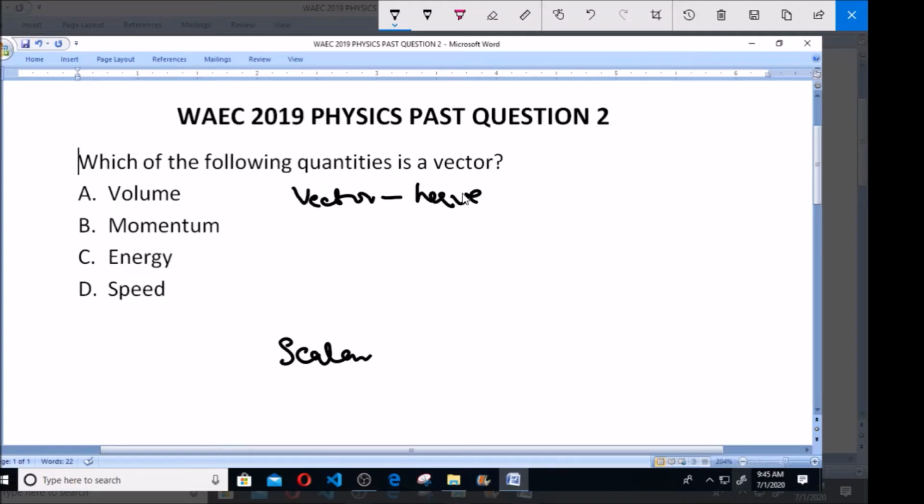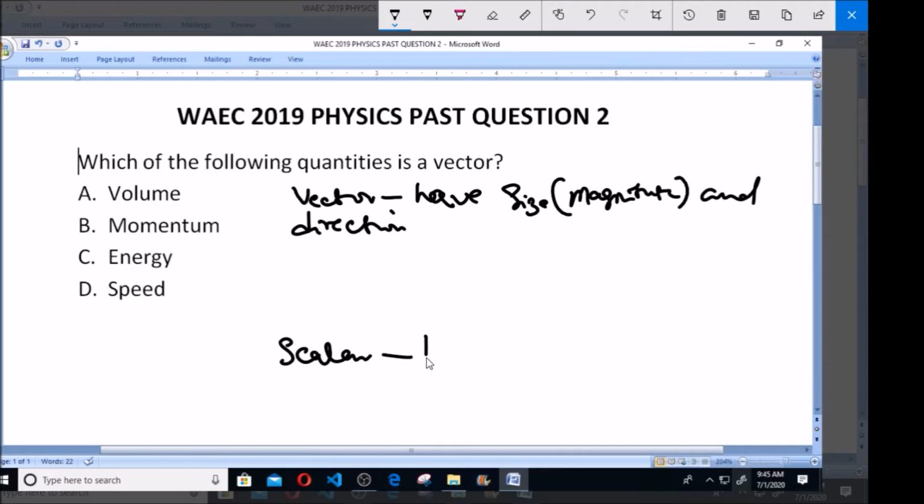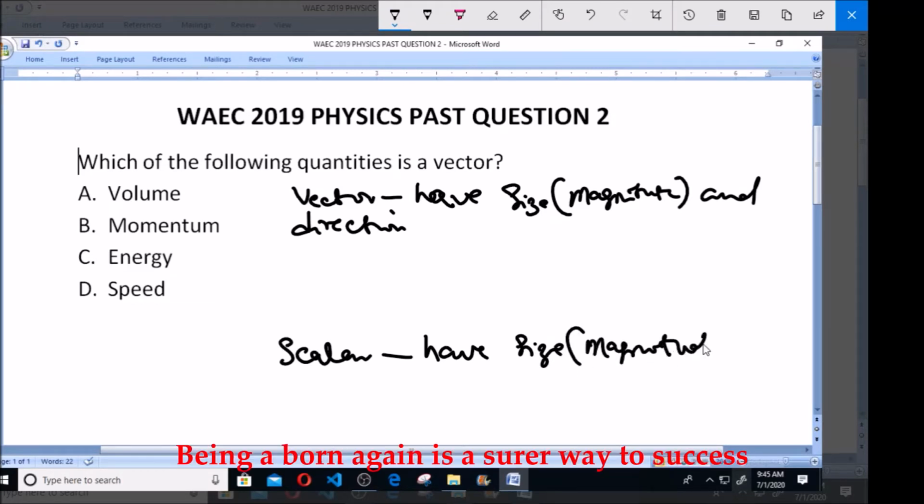So vector quantities are those quantities that have size, and another word for size is magnitude, and they also have direction. Whereas scalar quantities are those quantities that have size, which is magnitude, but they don't have direction.